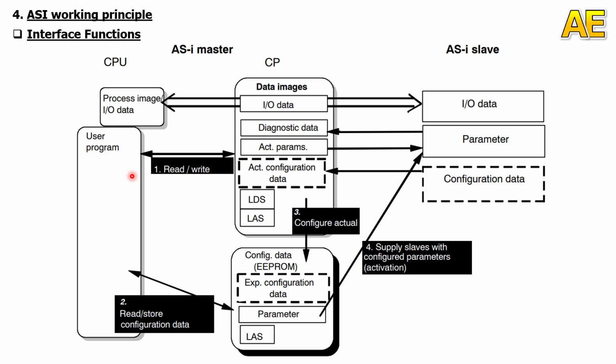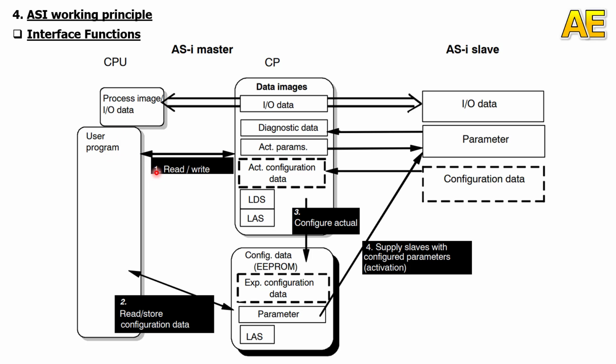The first function is read and write. When writing, parameters are transferred to the slave and the parameter image on the CP. When reading, parameters are transferred from the slave or from the CP parameter image to the CPU, to the PLC.